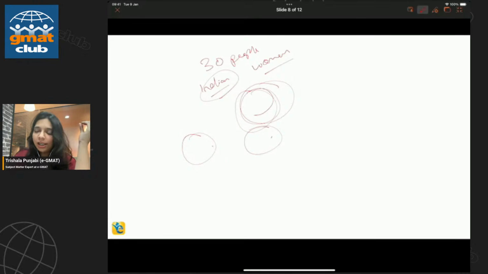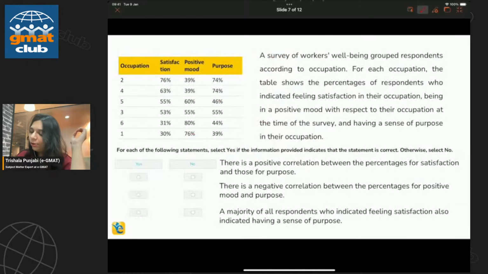Okay. All right. Let us go back to this question. Let us go to the top two. So, what does percentage mean? Percentage means that there is a total of 100. Out of a total of 100 people, if 76 people are saying that they are satisfied, and 74 people are saying that they have a sense of purpose, let us assume that they are completely intersecting.